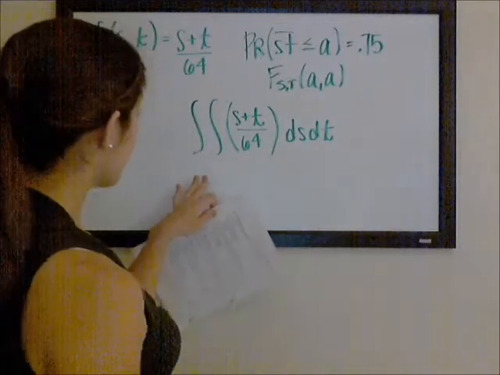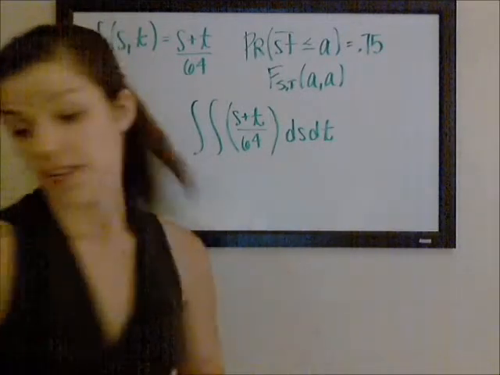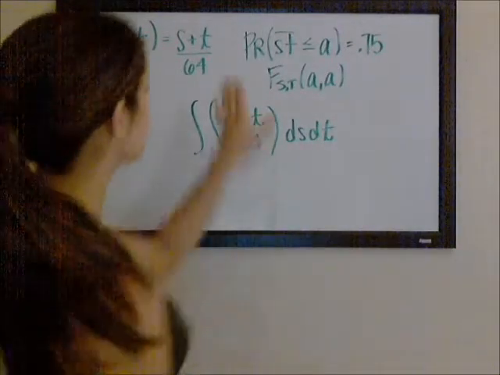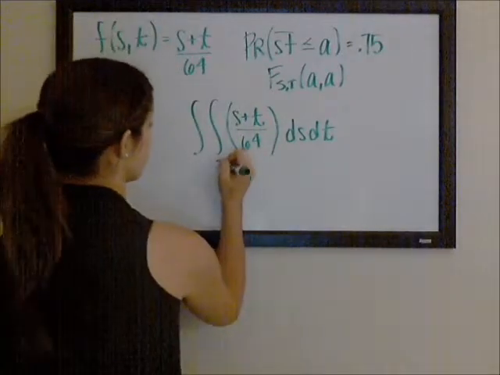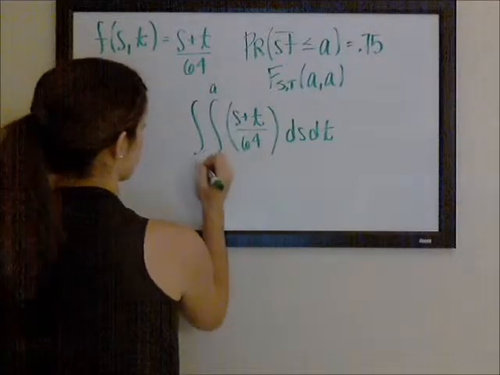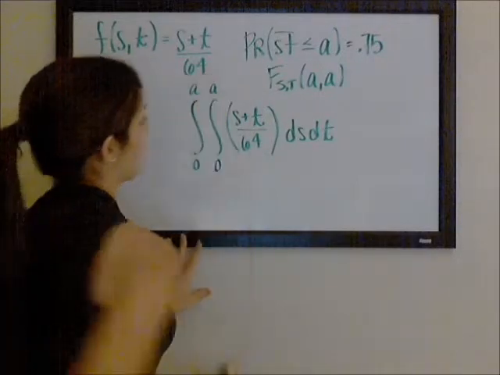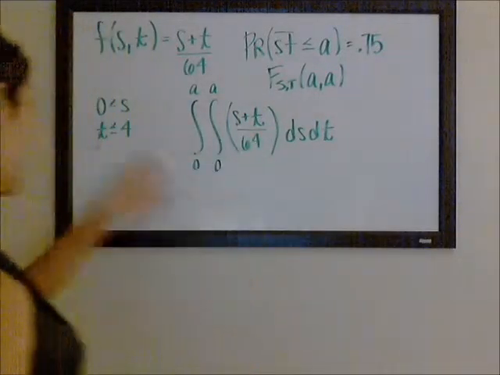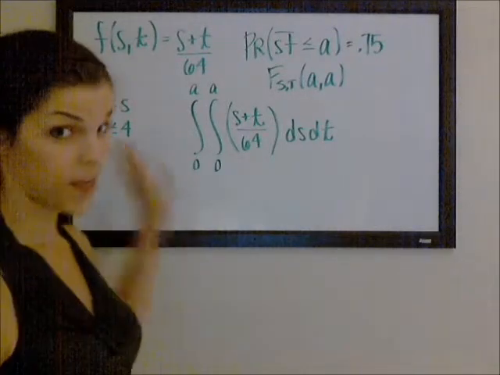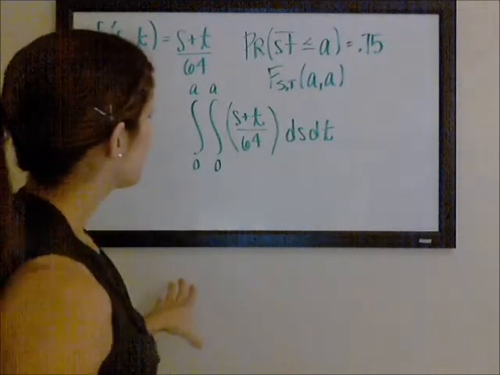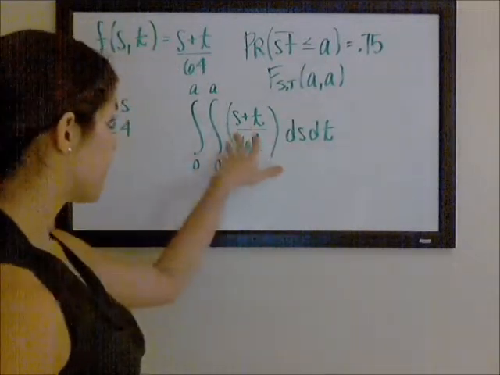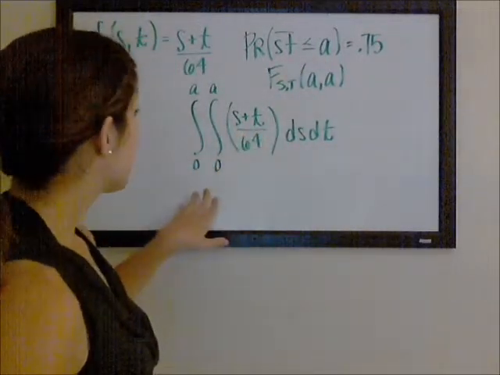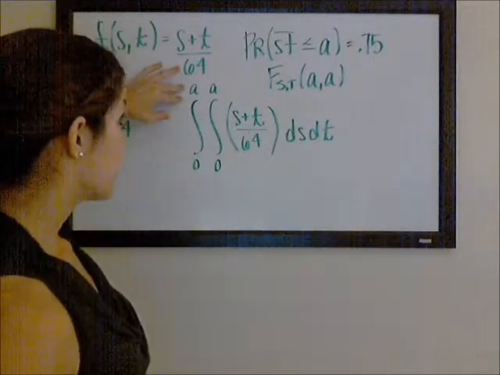Our limits of integration, both of our random variables, are going to go from 0 to A. You can see that in the graph that we drew before. Initially, I thought you might have to do something like this, but no, we're looking for some A such that the probability that both of these random variables are less than A, right?